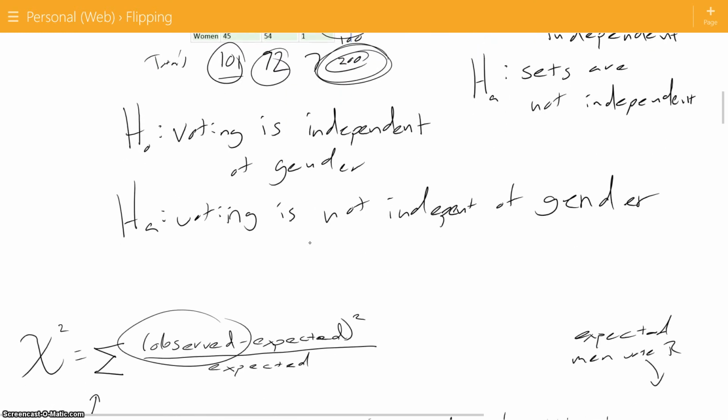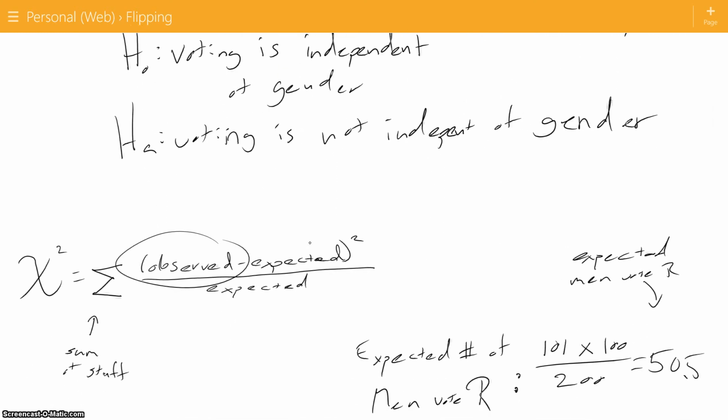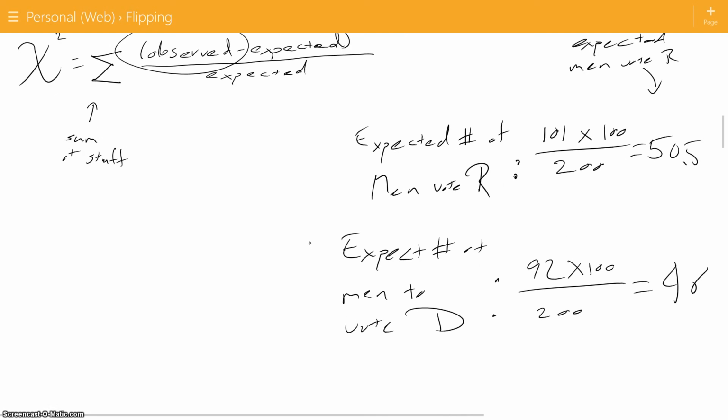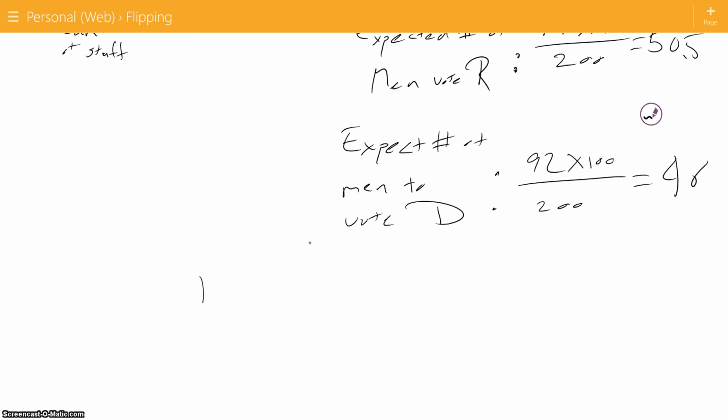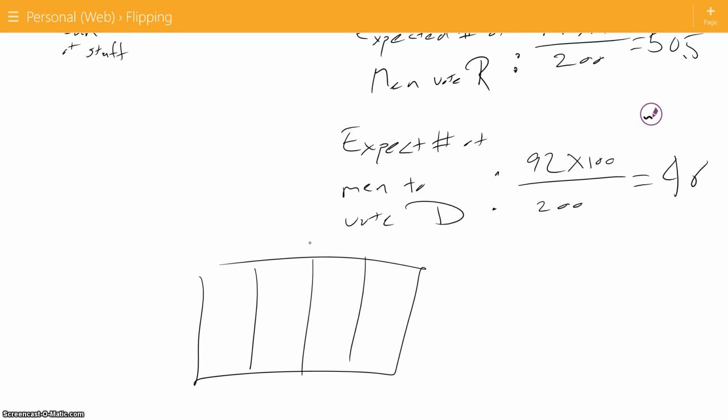All right, so I can do that, and I will come up with expected values for all of these. And it would actually look something like this. So I've got men, I've got women, and I've got Republican, Democrat, and Minotaur. I would expect to see 50.5.